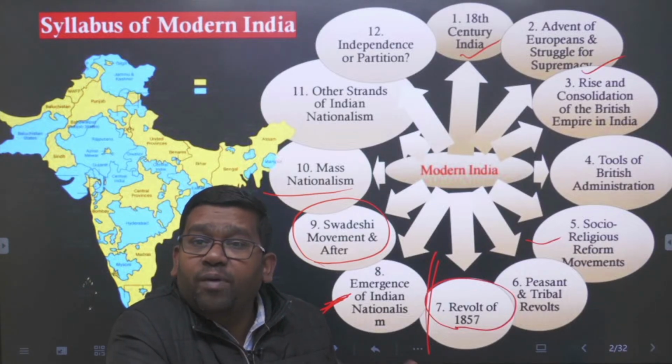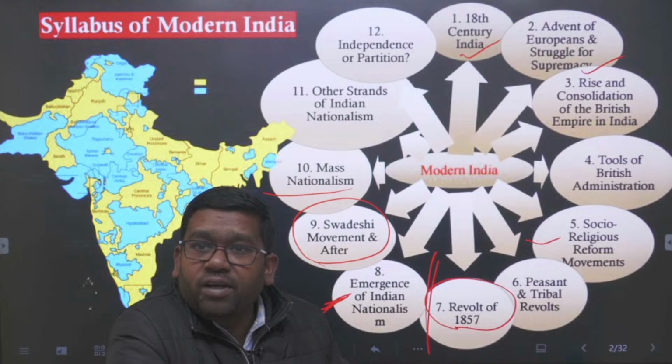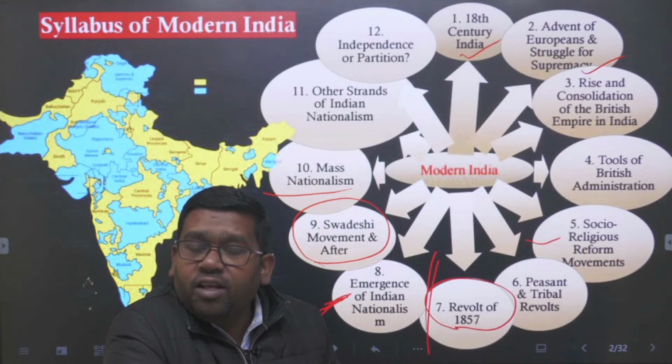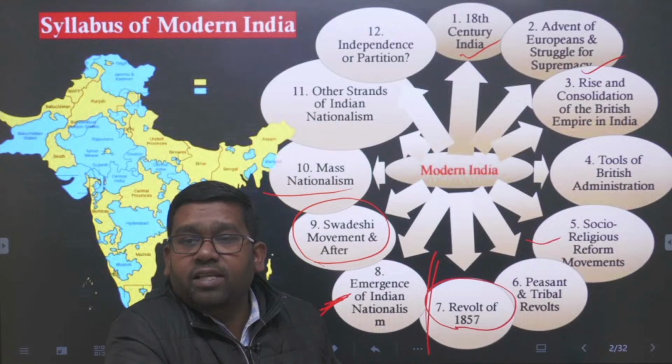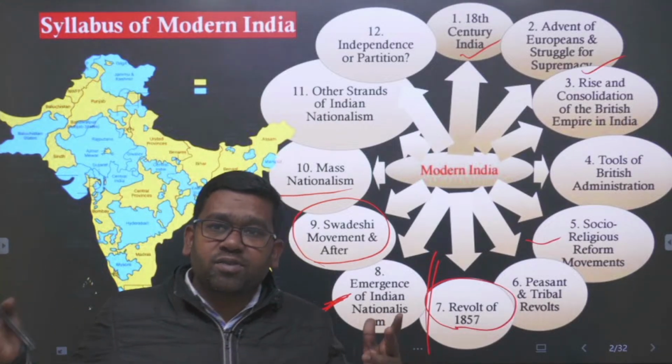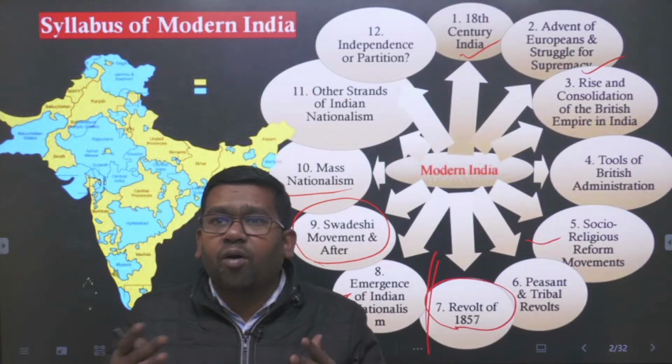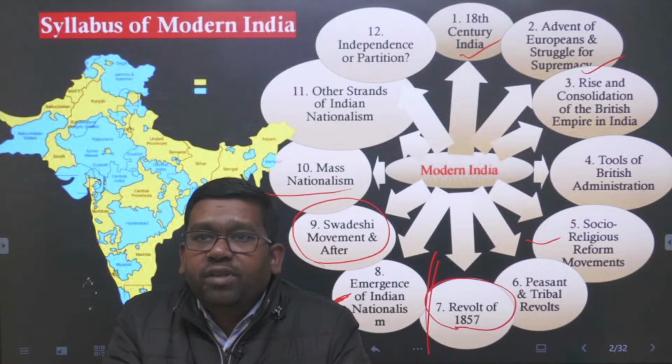Then we have peasant movements, workers' movements, the Communist Party of India and the left movement, then Dalit movements under the leadership of Periyar and Ambedkar, and then revolutionary movements like HSRA, the Hindustan Socialist Republican Association. These are the different topics of chapter 11.